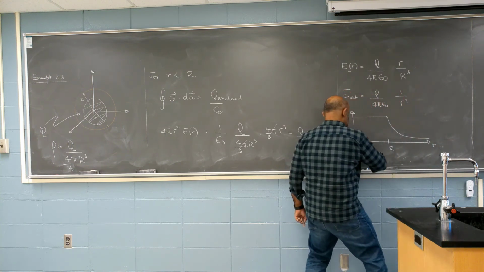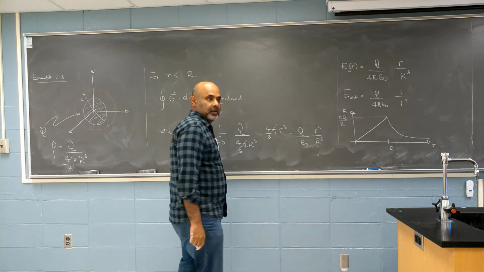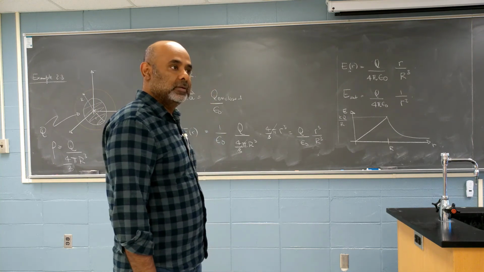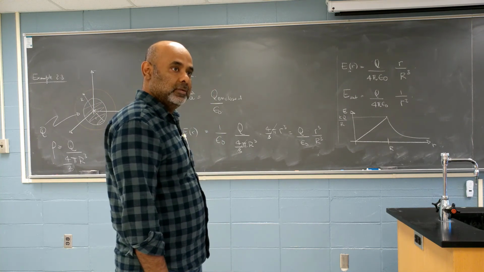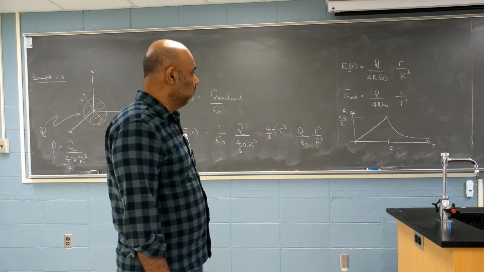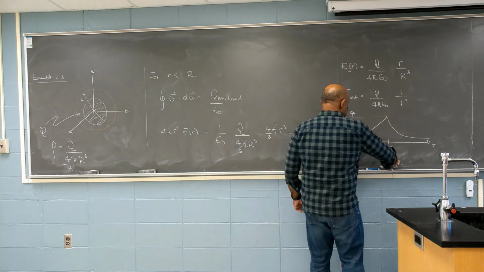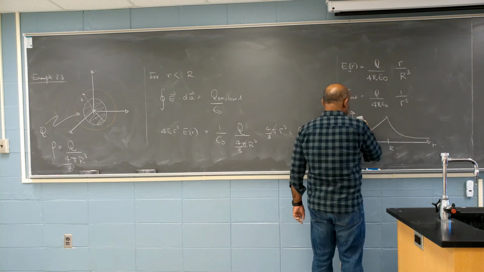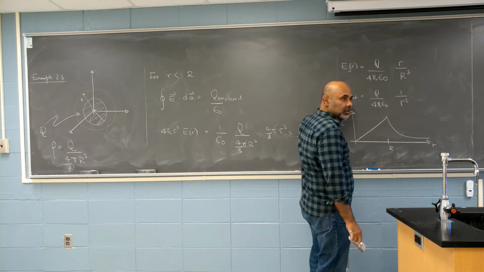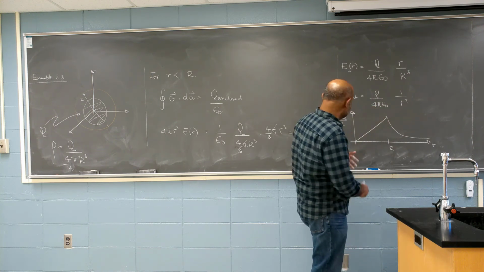On the inside, in and out agree at little r equals big R, and that value is kQ over R squared.